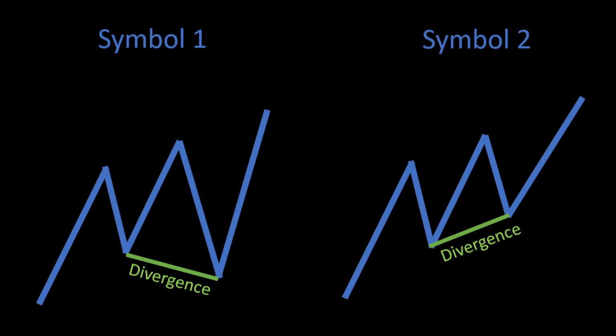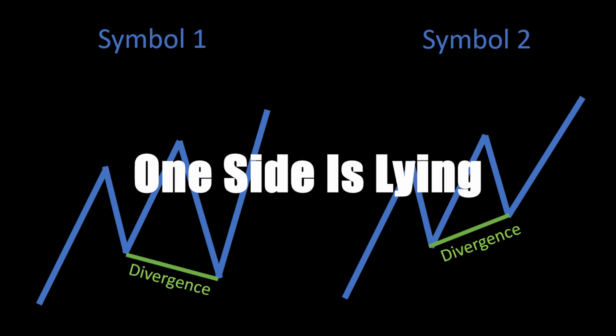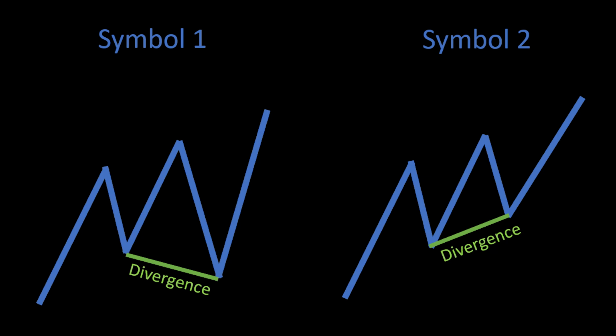If one pair shows weakness while the other shows strength, it means something is not real. One side is lying, and most of the time, the side showing divergence is the one that's being manipulated. So, correlation divergence helps you avoid fake signals or avoid liquidity hunts and find the true direction of the market.